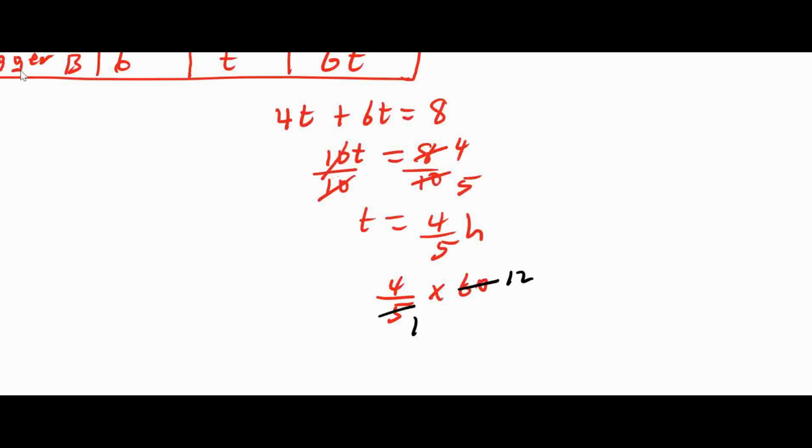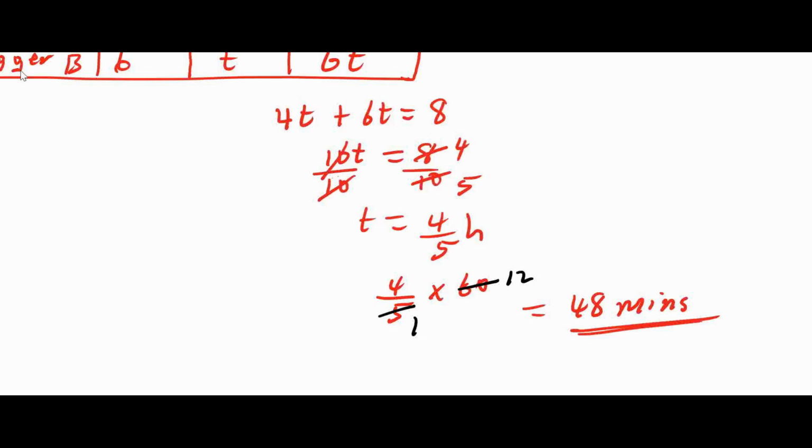So 4 times 12 is 48. So they spend 48 minutes before meeting each other. So that is the answer to this question, and I hope it makes some sense.